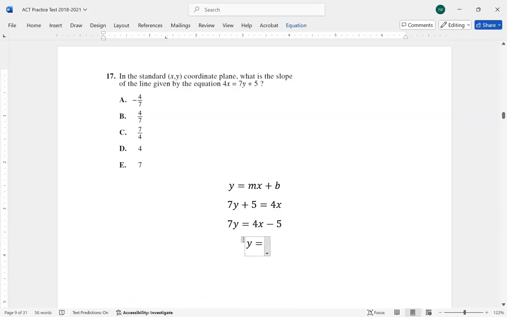So y is equal to 4/7 times x minus 5/7. And so that means that the slope, that's the m in y equals mx plus b, is 4/7. So 4/7 is the correct answer to question 17, and that is option B.